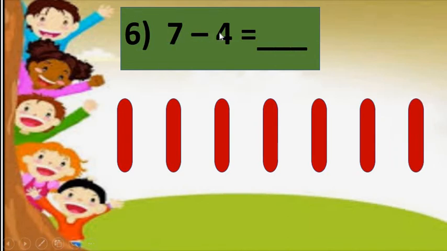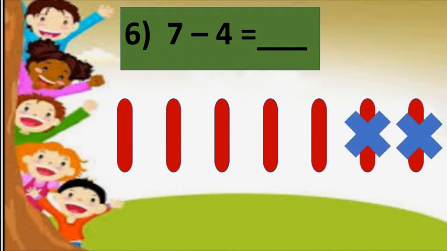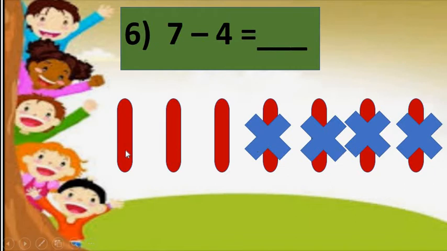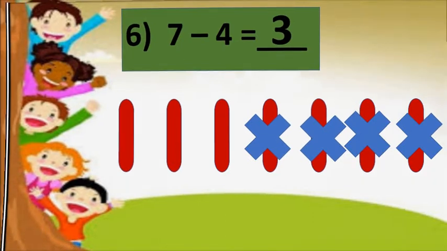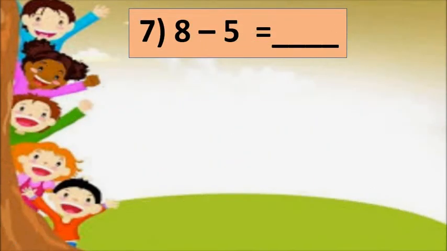Minus 4 means cross out or take away 4. 1, 2, 3, 4. Now see how many objects are remaining. 1, 2, 3. 7 minus 4 is equal to 3. Leave one line and then write in a new line FB number 7.